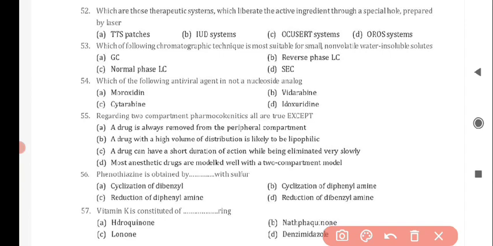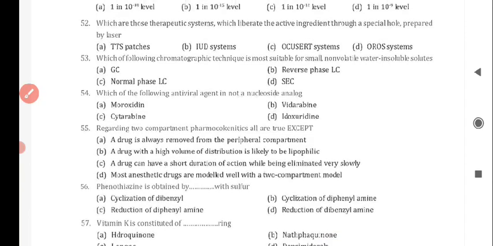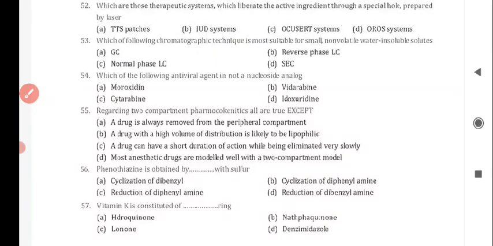Next question is, which are those therapeutic systems which liberate the active ingredient through a special hole prepared with laser? And the correct answer is option D, that is OROS system. Next question is, which of the following chromatographic technique is most suitable for small non-volatile water insoluble solutes?